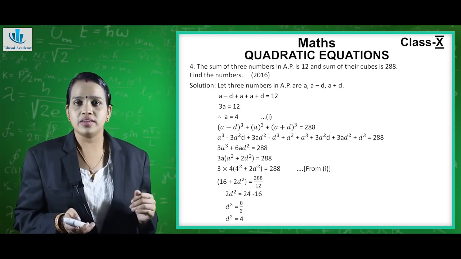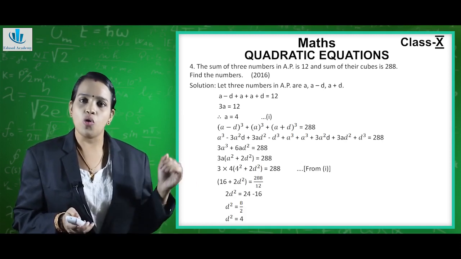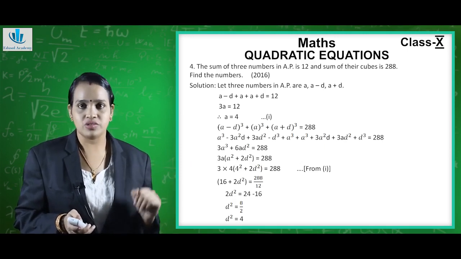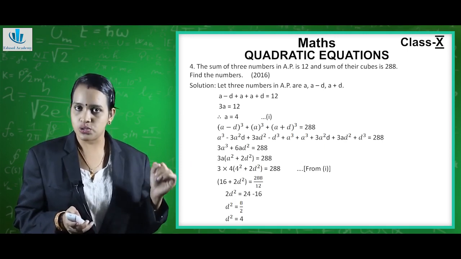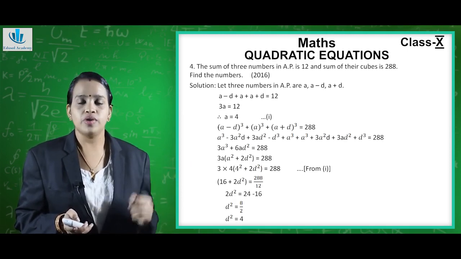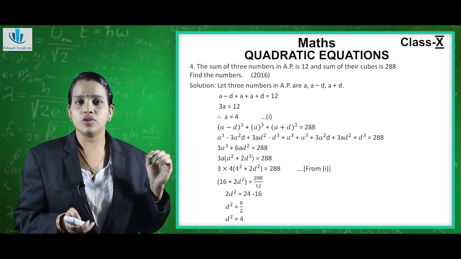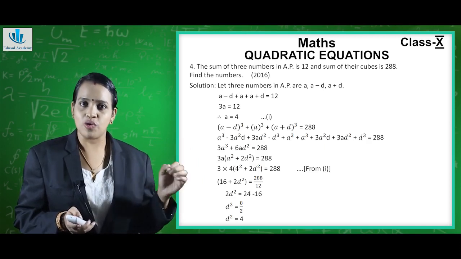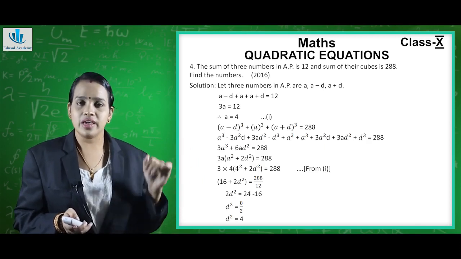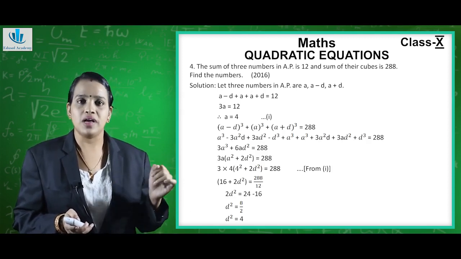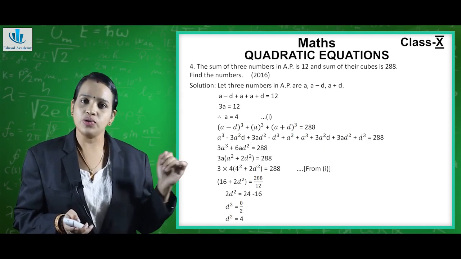So (a minus d) whole cube uses the formula of (a minus b) whole cube, which is a cubed minus 3a squared d plus 3ad squared minus d cubed. We write a cubed as it is. Then for (a plus d) whole cube we use the formula of (a plus b) whole cube, which is a cubed plus 3a squared d plus 3ad squared plus d cubed, equal to 288.